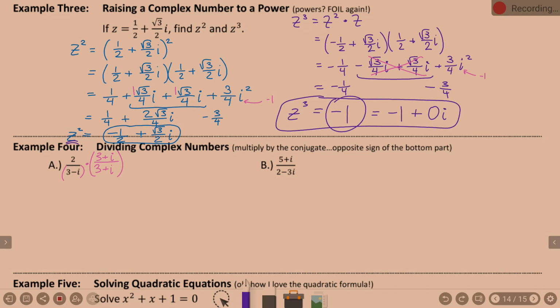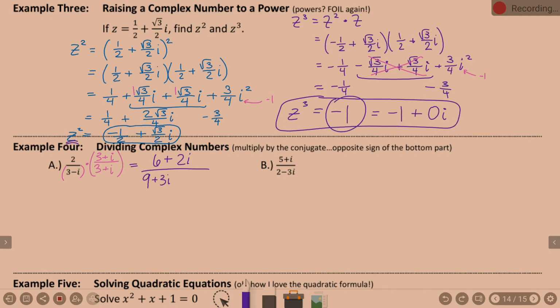Okay, on top, what is 2 times 3 plus i? 6 plus 2i, because you're just distributing. Denominator, what am I doing in the denominator? Foiling? First, 3 times 3 is 9. Outsides, 3 times i is plus 3i.